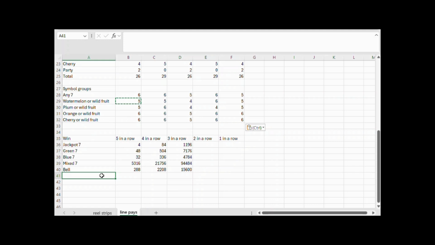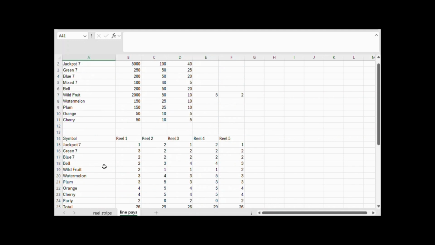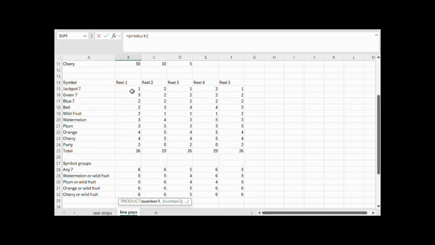So next, let's consider, so the watermelon is the highest paying. No, let's start with the wild fruit. And again, we will deal with the double counting later. But the number of ways the player can get 5 wild fruit are just the number of ways it appears on all 5 reels.